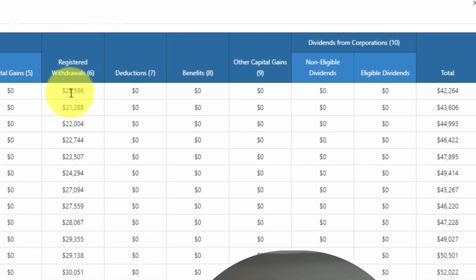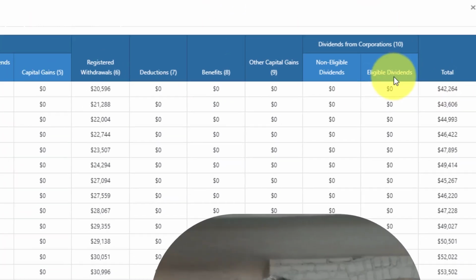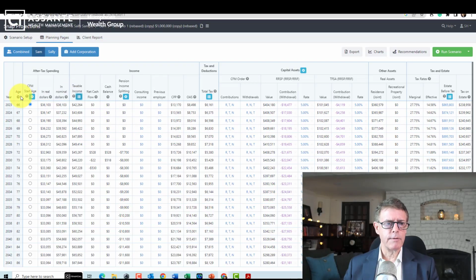It shows you what the registered account withdrawals were, $20,596 from RSPs, and whether there's any income from a corporate account. And then it gives you the total income for that calculator. So this is a very handy way of giving a client a very precise tax calculation on what withholdings they should be holding back in their situation.